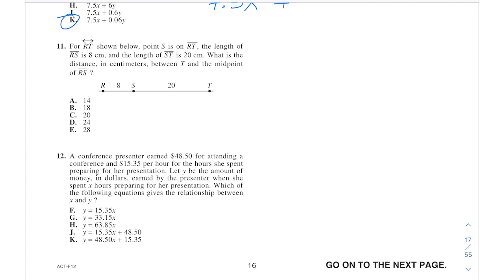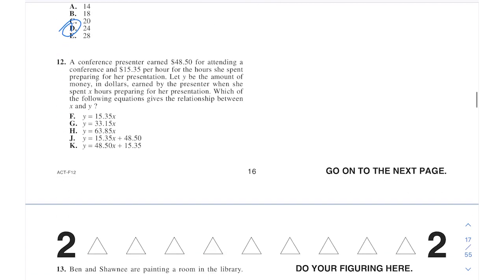So the midpoint of RS, this would be 4, so that would be 24. $48.50 is your flat fee plus the $15.35 per hour. X hours prepping, okay.